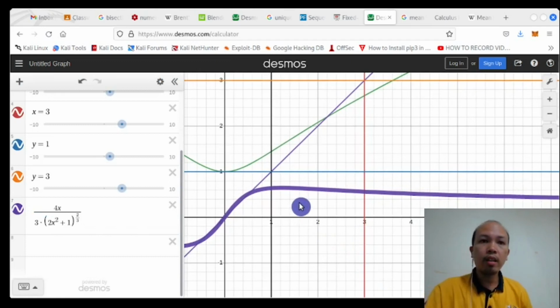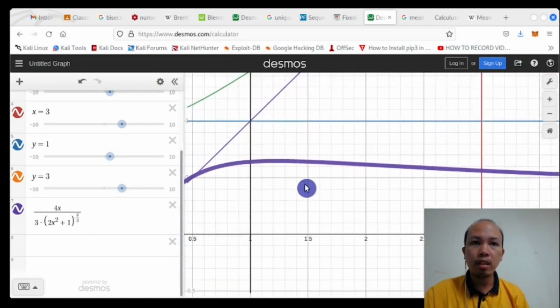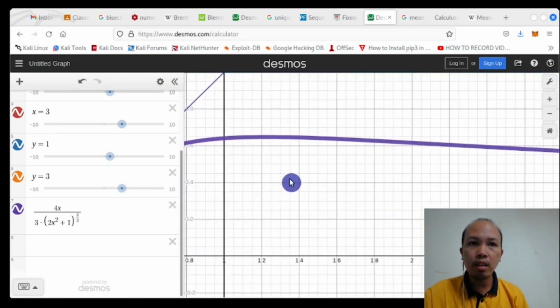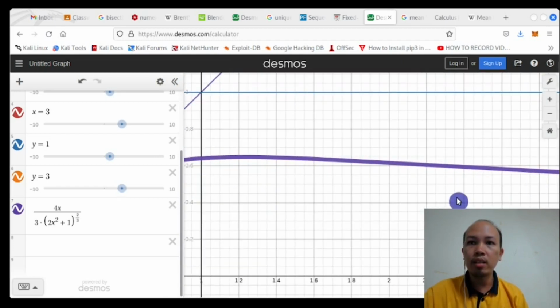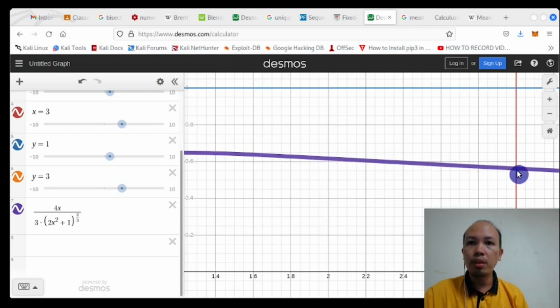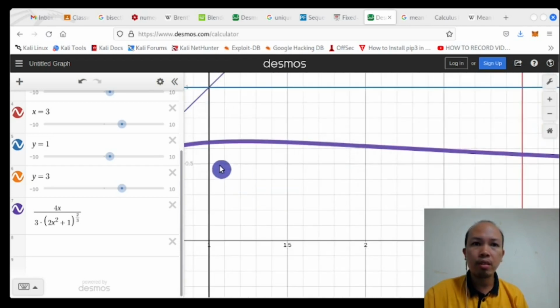And then notice that if you zoom in, it seems like the function, this is for 1 and this is for 3, is decreasing. But if you look at the graph here, this is the highest point.